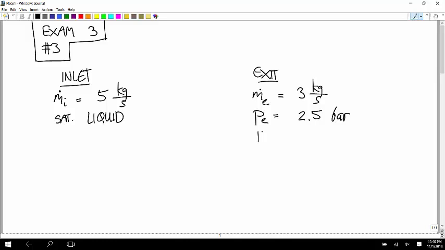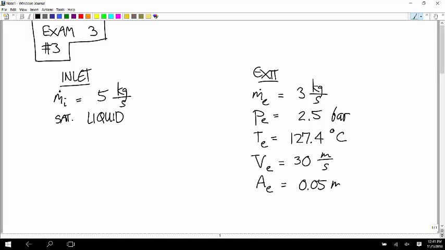The temperature at the exit is 127.4 degrees Celsius. And the speed at the exit is 30 meters per second through an exit area of 0.05 meters squared.